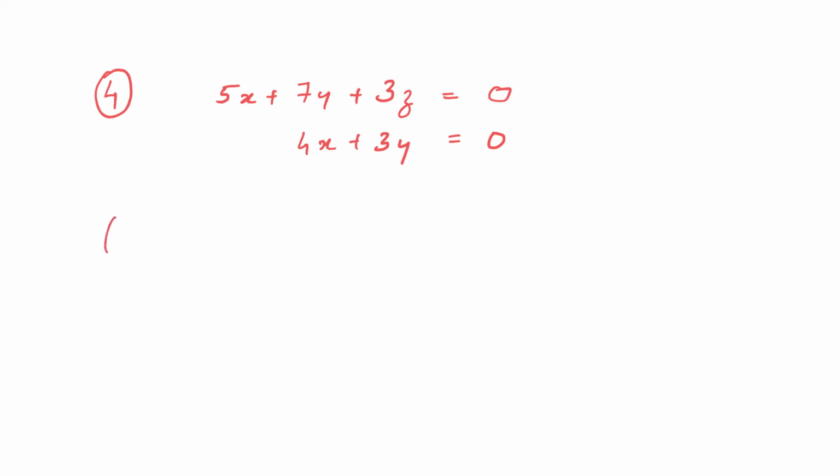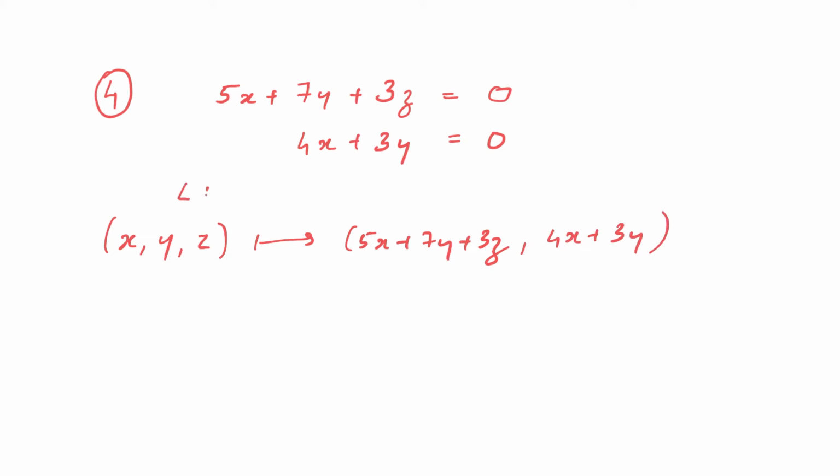Given the system of linear equations, we can consider the function that takes x, y, z to 5x plus 7y plus 3z, 4x plus 3y. This of course is a linear map from R3 to R2.